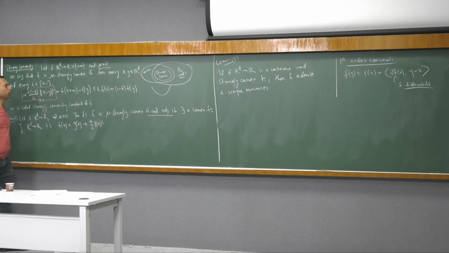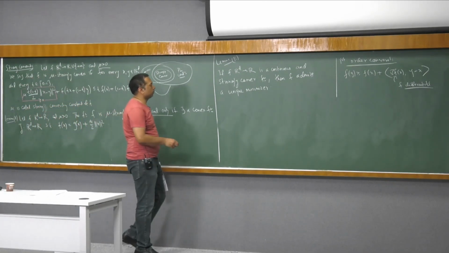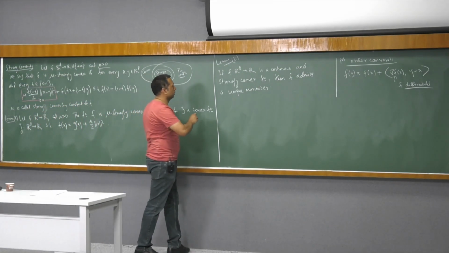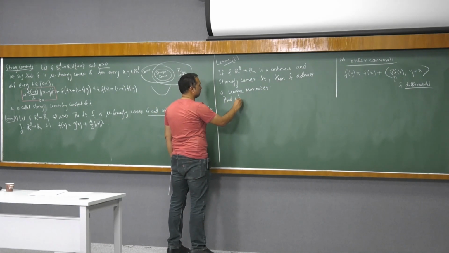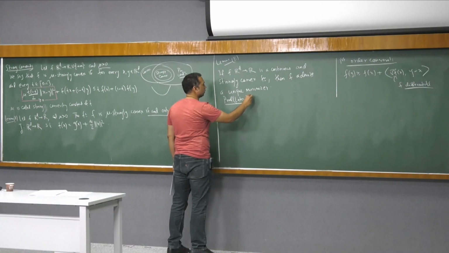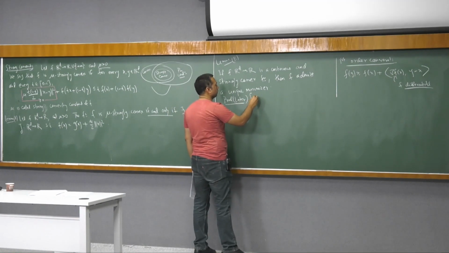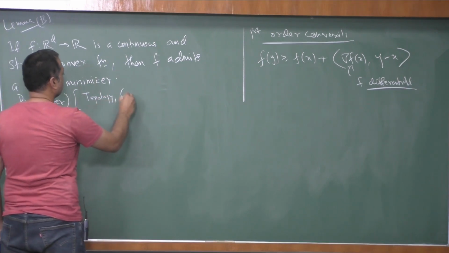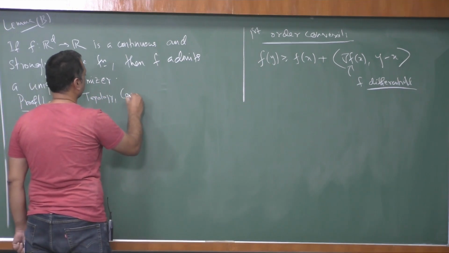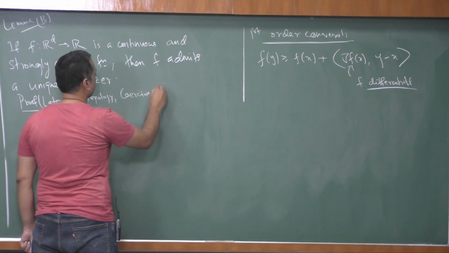So I'm going to leave this as well, but I will do this for sure, because this is part of it. So proof later, because I will prove it in a generic case which requires some idea of topology, coercive functions, lower semi-continuity.